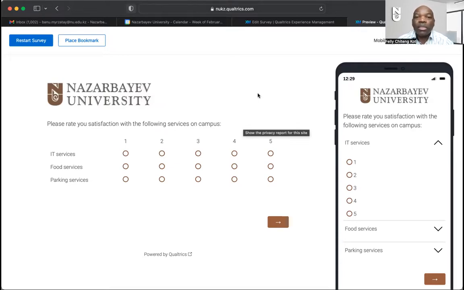In that case, you might want to include a non-applicable option, which we typically include on our student surveys. So you might want to add a non-applicable option for people who did not use IT services, for instance, or those who did not use food services, or those who did not use parking services.